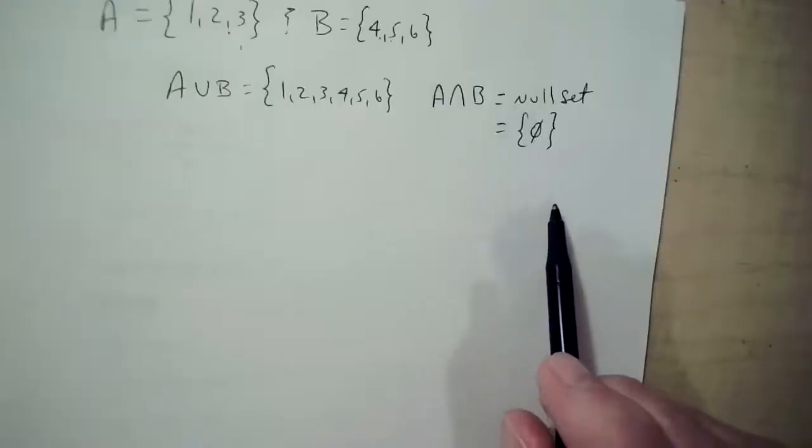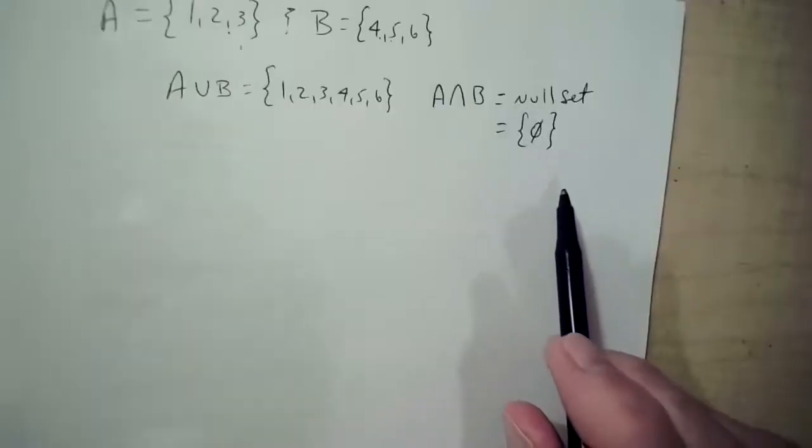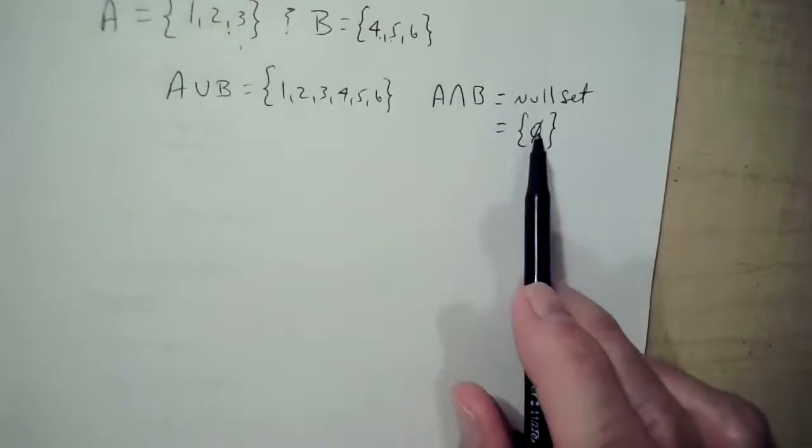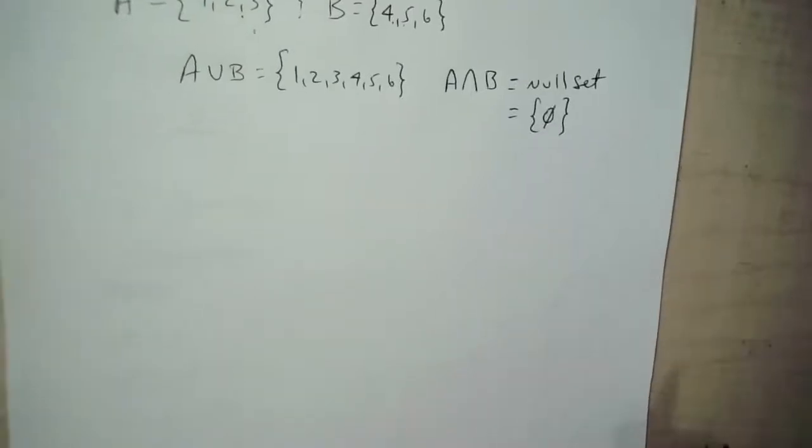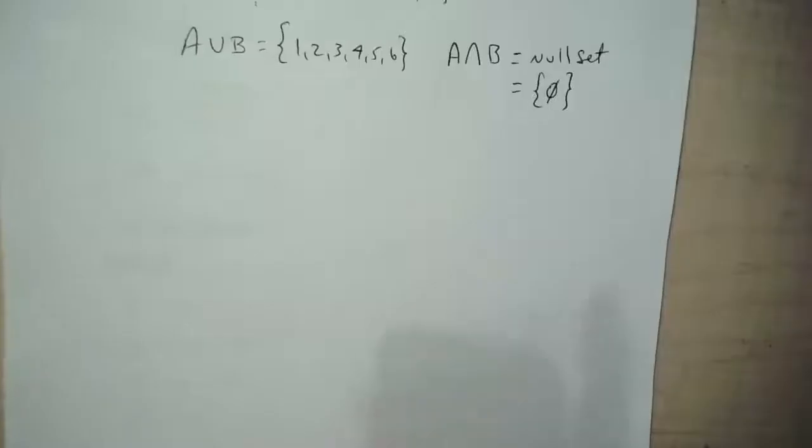I think I told y'all earlier in the year, do not use this 0 with a line through it for the number 0. And this is why: because 0 with a line through it means something different.